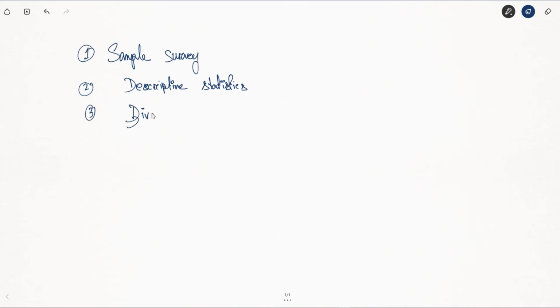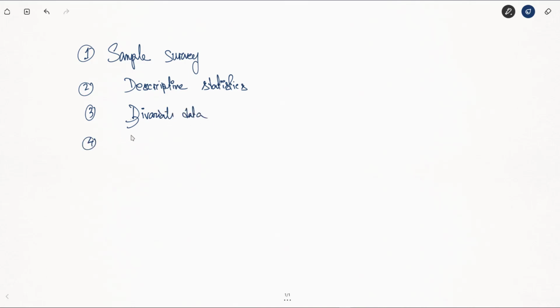So roughly speaking, we have around 7 different topics to be covered in this syllabus. The first topic is sample survey. The next topic is called descriptive statistics. This you have already learned at your school level, or you already know many of these things. Number 3 is bivariate data.